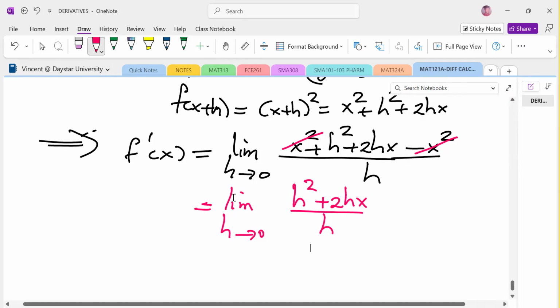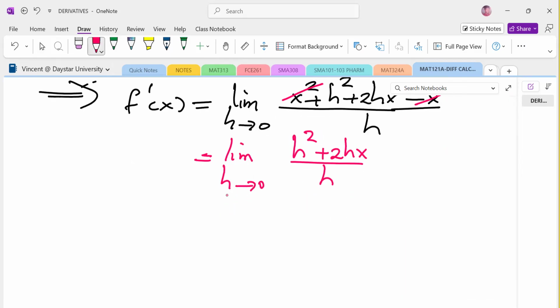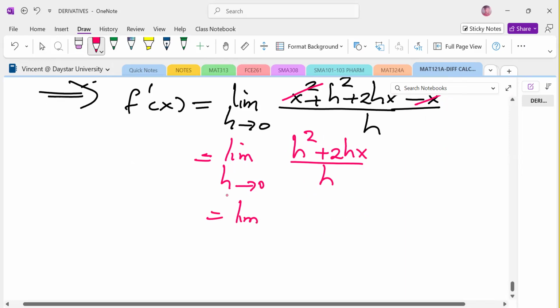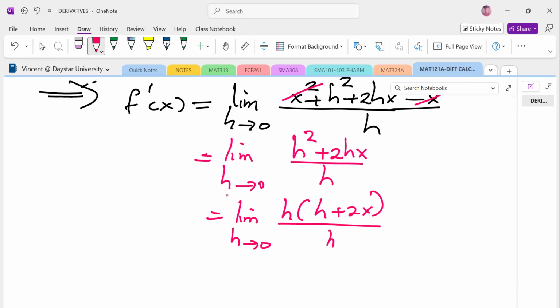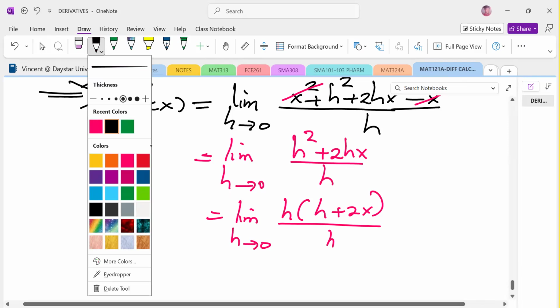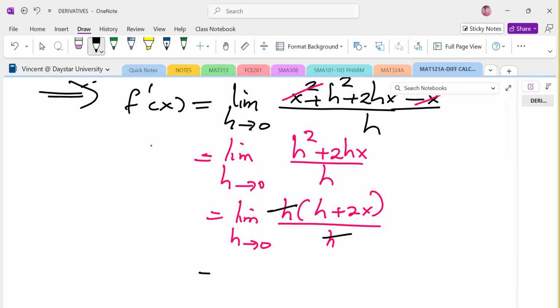Factorization, correct. So h is common in the numerator, so we'll have the limit as h approaches 0 of h into h plus 2x divided by h, so that this and this cancels out.